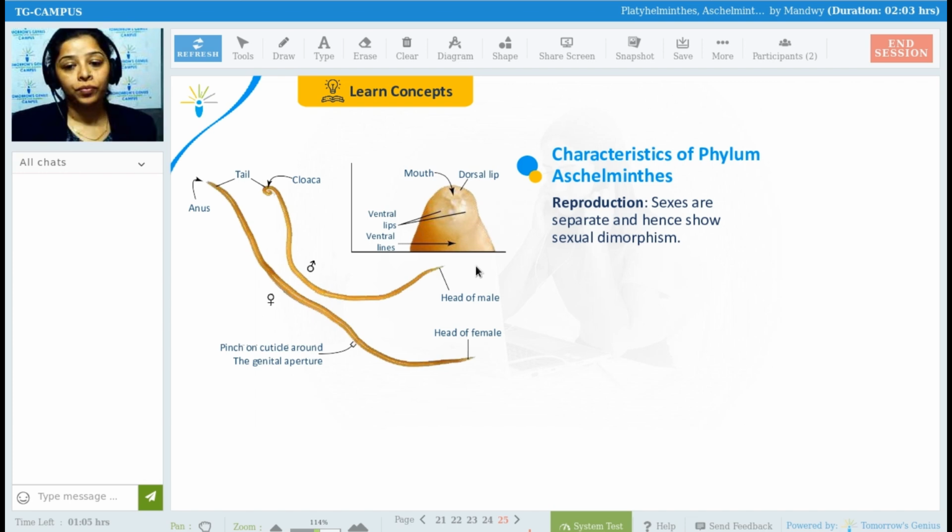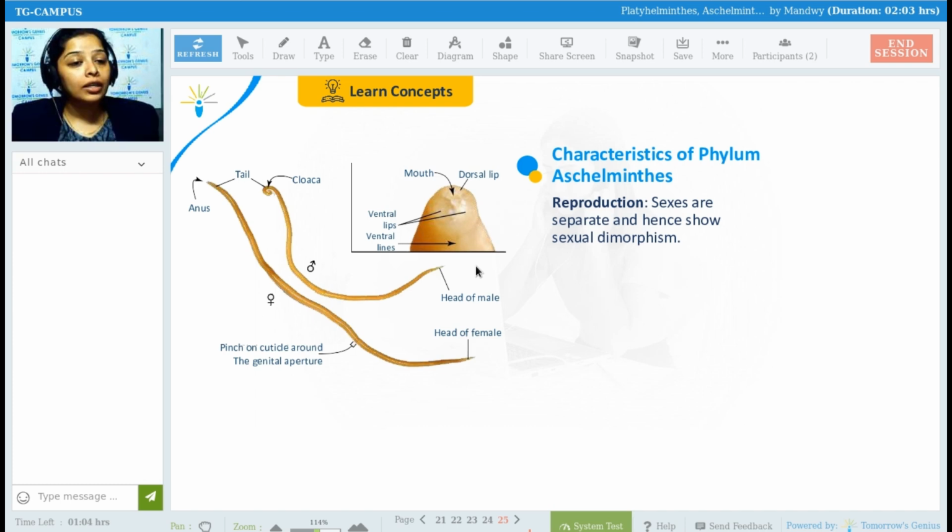Clear? Okay. So during the process of copulation, they both will come together, overlap on each other, and the male will release the sperm through the cloaca, and through the opening pore, the anal pore, the sperm will enter into the female body, and internal fertilization takes place.